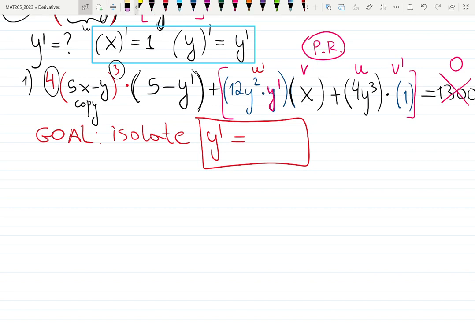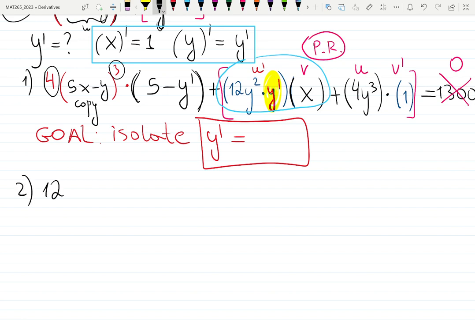Okay, so let me use a highlighter or a pencil and identify pieces with y prime. This guy has y prime, so all of this beautiful piece will be on the left-hand side. Let me write it down. So step 2, 12y squared x times y prime. You don't have to reorder it, but it's actually a nice thing to do. X actually usually goes first. Then this guy goes to the right.